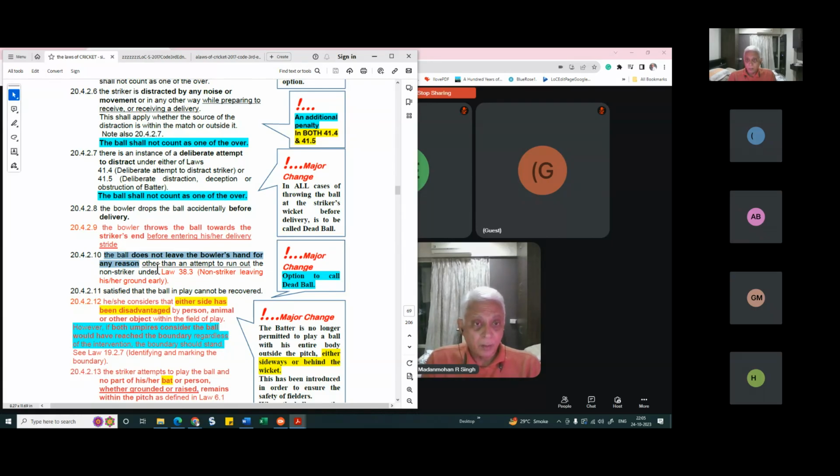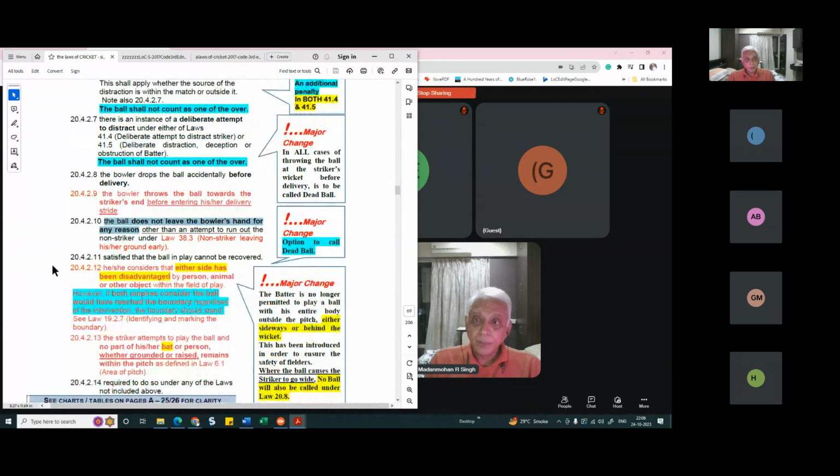Otherwise, if you call dead ball, he will be stopped from running out the non-striker. So the law says you are supposed to call dead ball for any reason other than an attempt to run out the non-striker under Law 38.3, batsman, striker, non-striker leaving the ground early. Remember, there is a prohibition here. When we come to the run-out law, we will discuss this in more detail. Just remember, there is a prohibition for the umpire to call dead ball.